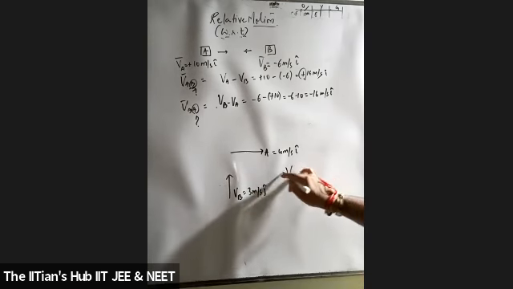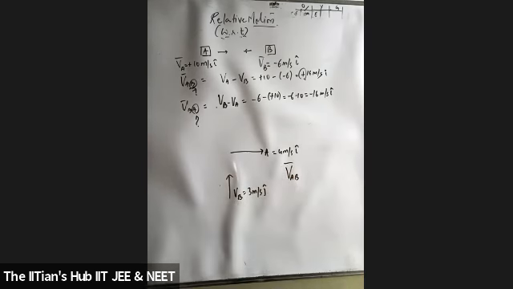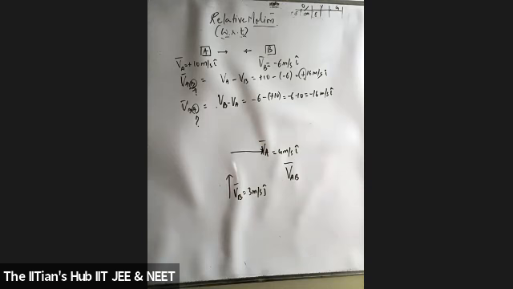Since I want relative velocity of A with respect to B, how do you go about it? I've given you velocity of car A is 4 meters and B is 3 meters. I want relative velocity of A with respect to B. So 5 meters per second.